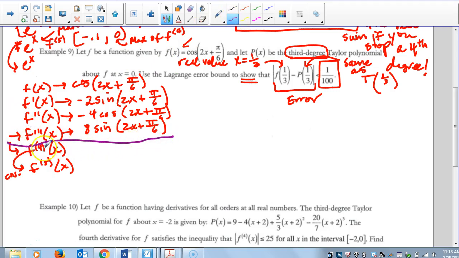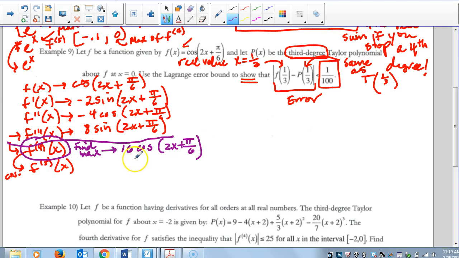which means I need to go to the next one and I need the maximum of this. So find the maximum. And for that, I'm going to need to do the next one. So the maximum for the next derivative is going to be, so sine's derivative is cosine, so it's going to be 16 cosine 2x plus pi over 6.